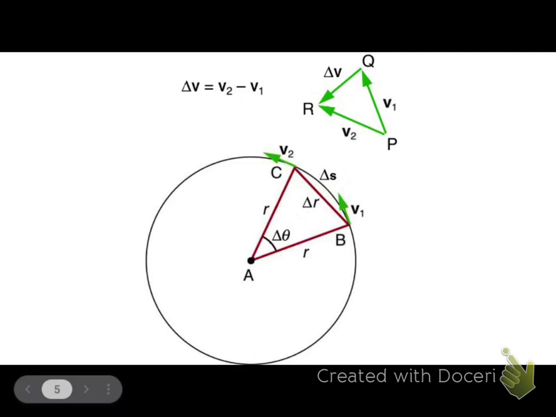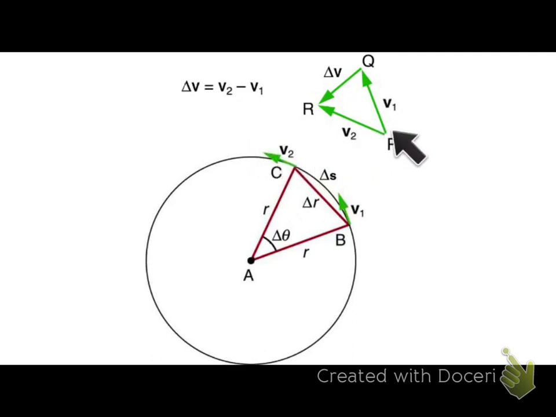Here's the graphic I was talking about to explain why centripetal acceleration is directed towards the center. It's just showing you how we add these vectors. Observe. Here's our initial velocity in this direction, and then here is our second velocity.